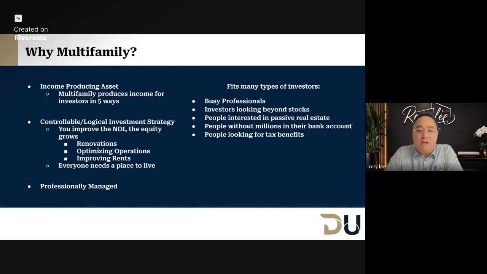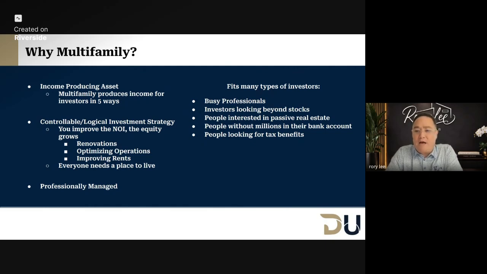That's 13 different roofs, maybe 13 to 30 different toilets and sinks, 13 different AC systems, and just a myriad of things that I had to manage. And as a busy professional, I soon realized that this process was just way too much for me to manage. And the multifamily investment strategy really simplifies everything under one roof.